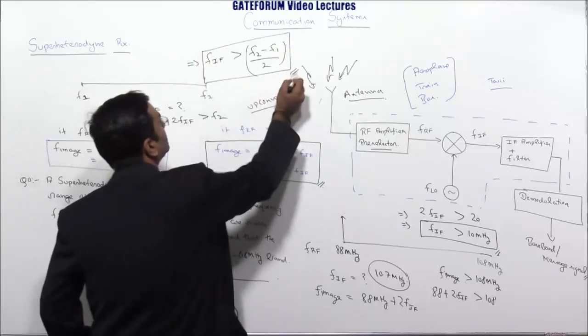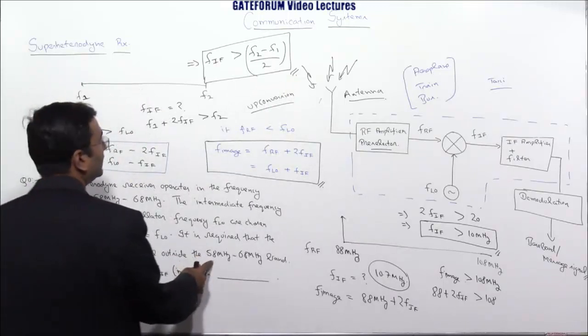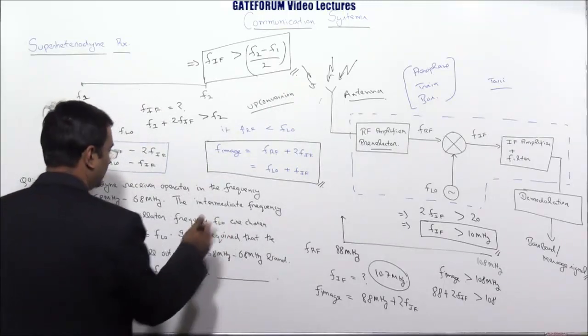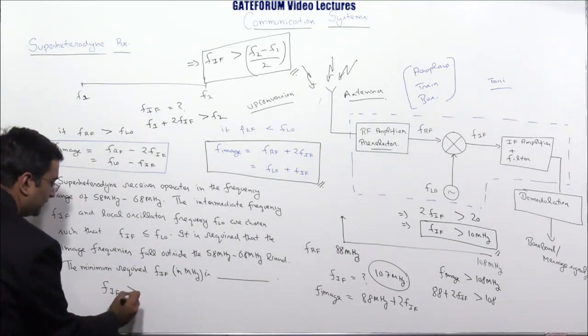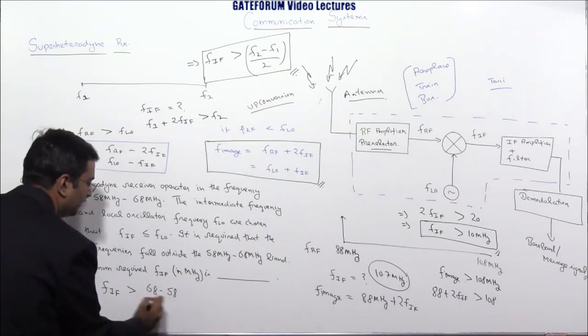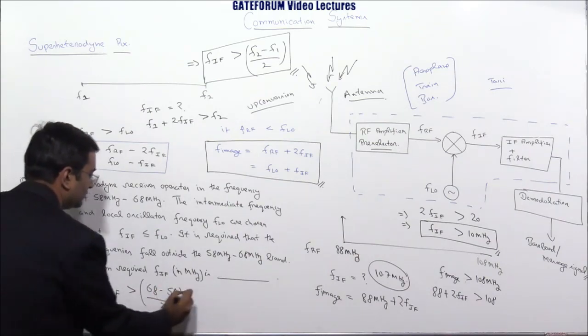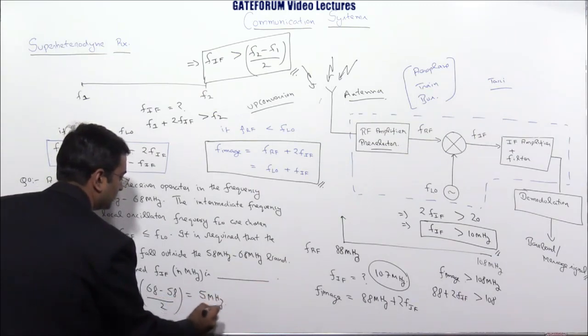So that becomes a relationship. This we should know. Now the case has become very simple. In this case, F1 is 58 megahertz, F2 is 68 megahertz. So the minimum FIF should be greater than (68 minus 58) divided by 2, that is equal to 5 megahertz.